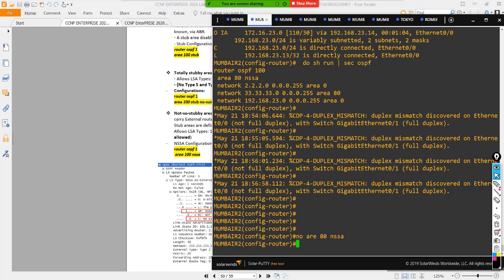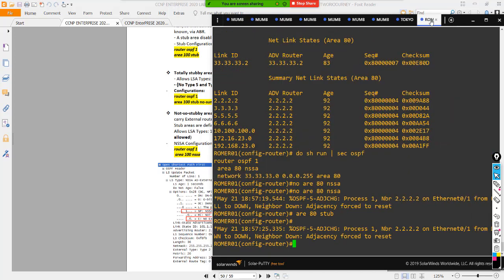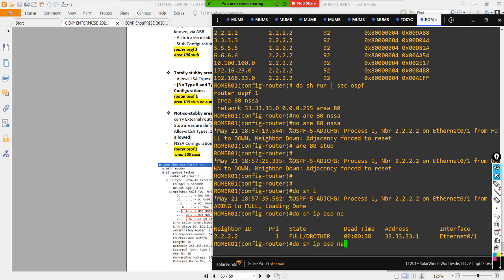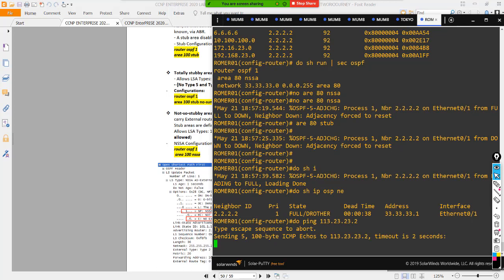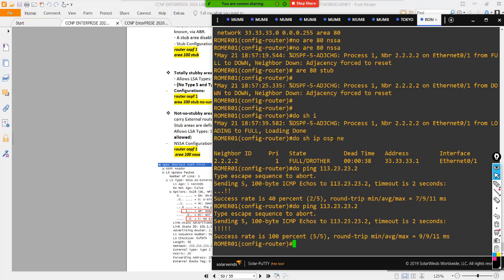So I'll say no to this. I'll configure this stub. Okay, so this will bring up my OSPF. Great, and I should have reachability to my external routing. Okay, so there it goes.